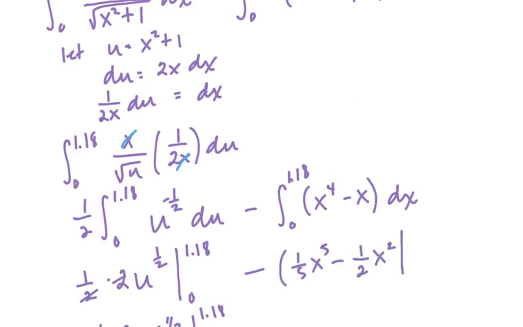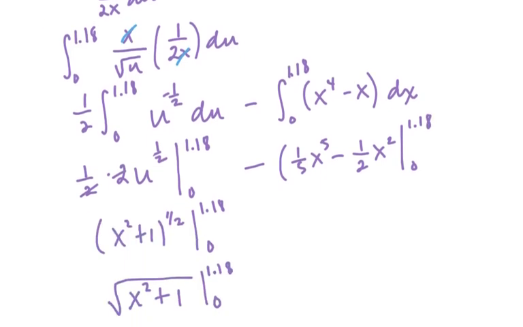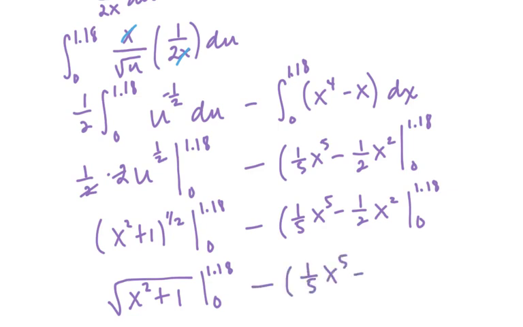Minus 1/2 x squared from 0 to 1.18. So I'm going to continue to bring this down. 1/5 x to the 5th minus 1/2 x squared from 0 to 1.18.